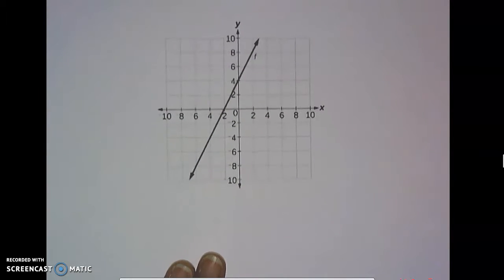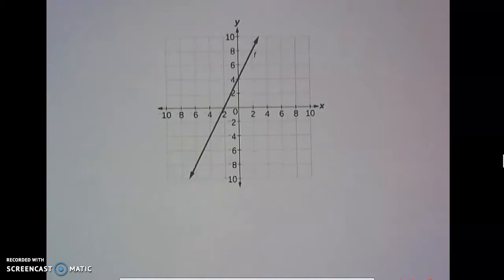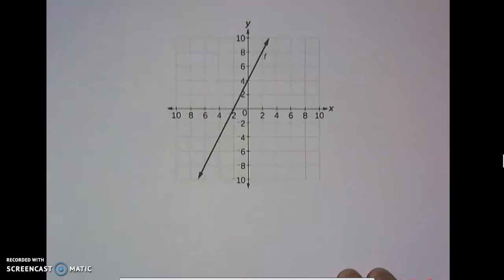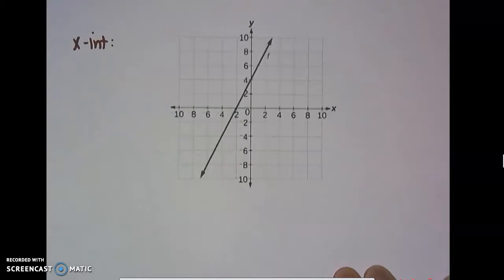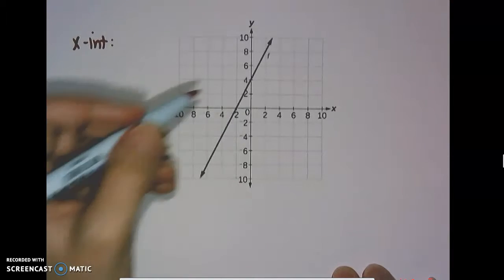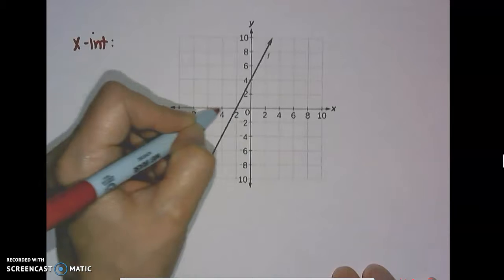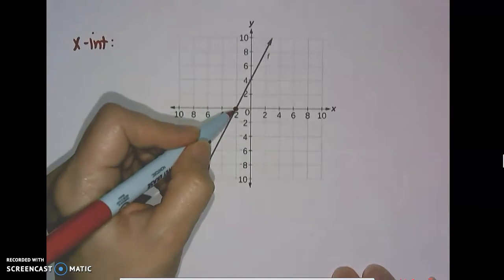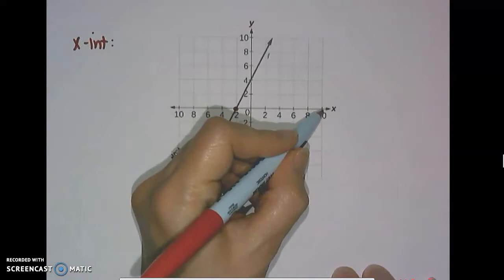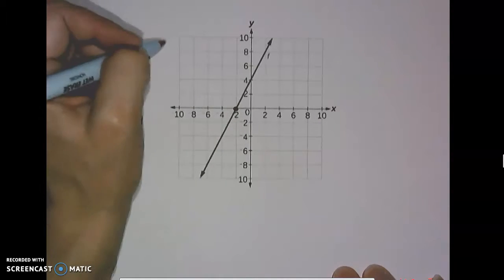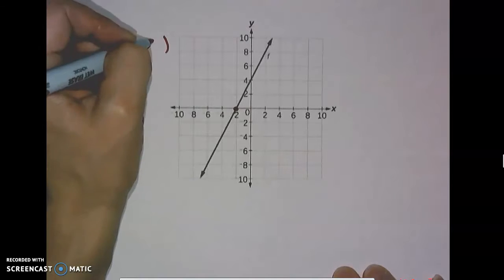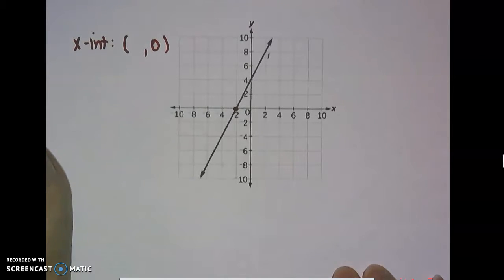All right, so here we just have a graph. They have not given us the equation for this at all, but we need to find the x-intercepts and the y-intercepts, however many different things occur. So for x-intercept, that's going to be the place it crosses the x-axis. So as I'm going across the x-axis, I notice that the graph touches there, and it doesn't touch any other place. So we're just going to have one x-intercept here. And the coordinates of that, remember, if it's an x-intercept, the y-coordinate is going to be 0.